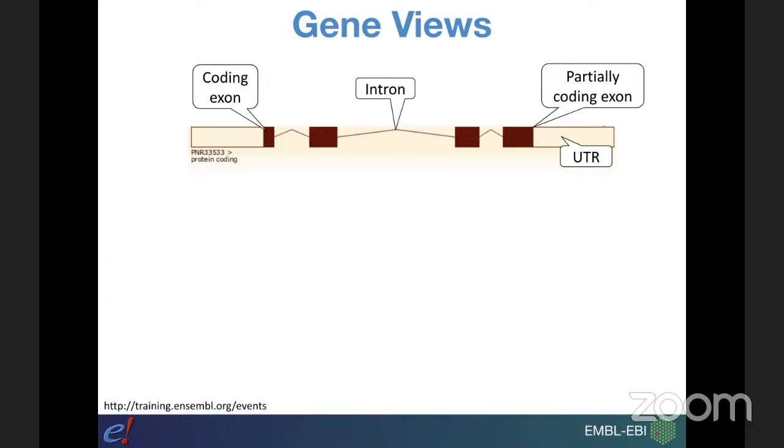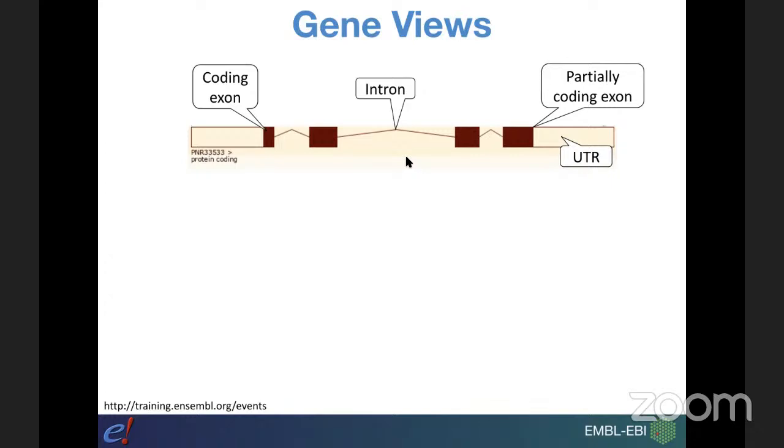Empty boxes, empty exons, are non-coding, which means that they're not translated, they're only transcribed. Therefore, transcripts of non-coding genes are composed of empty boxes, and filled or colored-in exons are coding. So you can see that a coding transcript will be composed of these filled boxes.